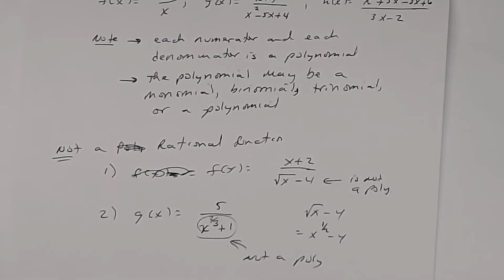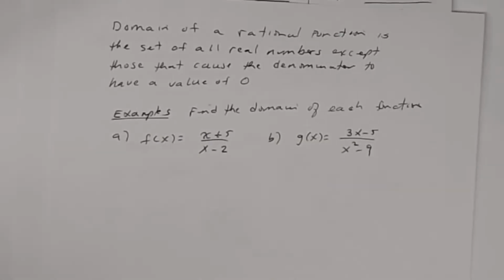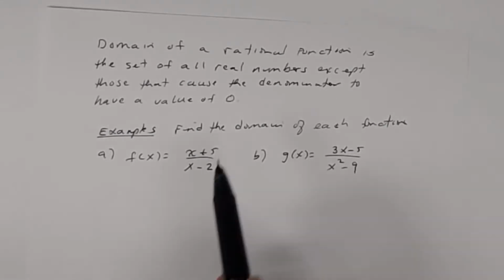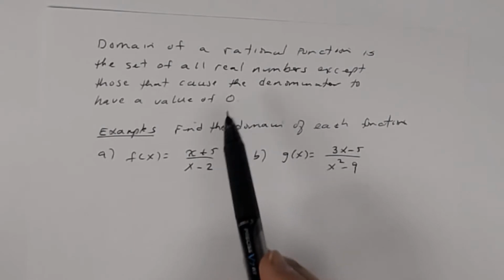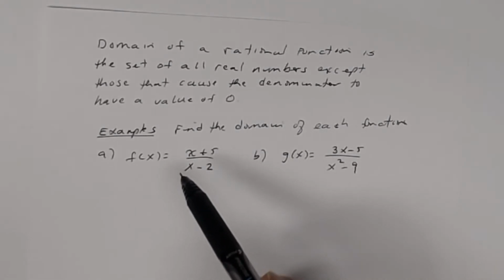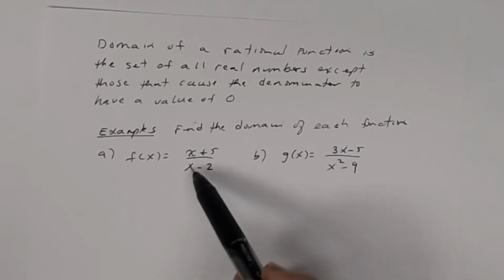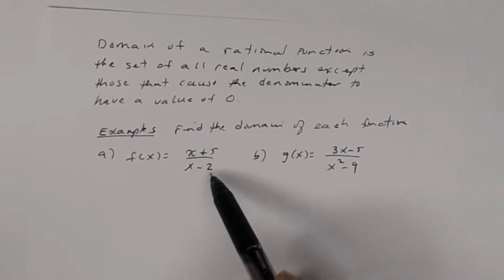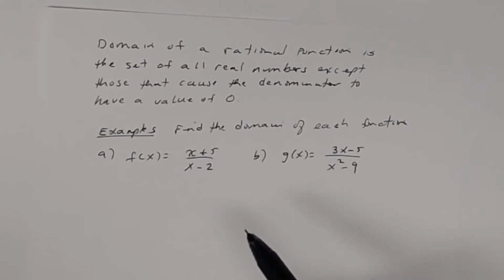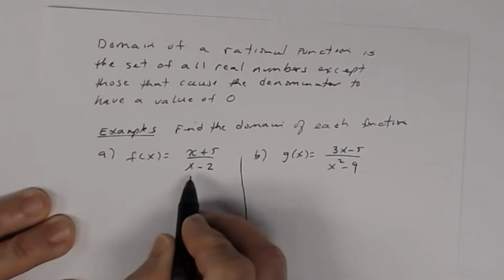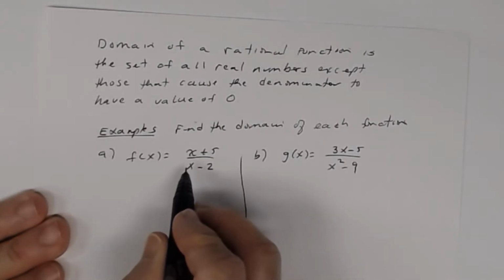All right, so let's look at this part here. You had a worksheet on finding the domain of rational functions. Remember, when you found the domain of a rational function, you just really looked at the denominator. You found out, well, what makes the denominator 0? So let's review this. You're only interested in what makes the denominator 0.